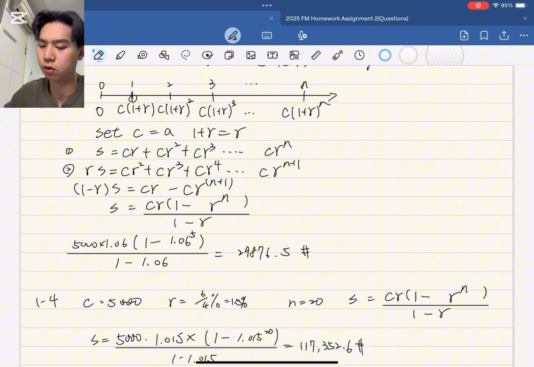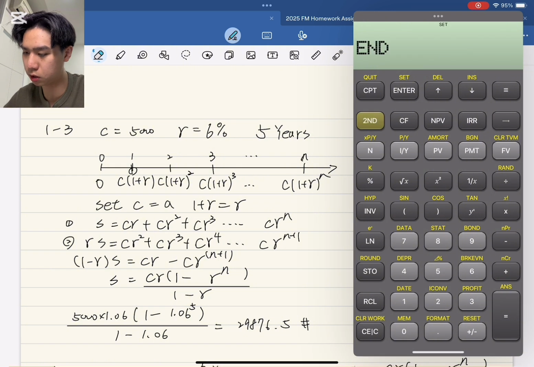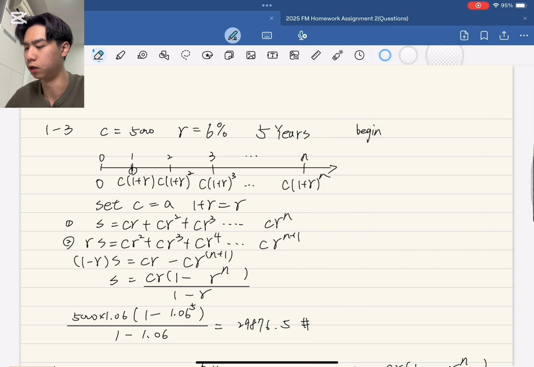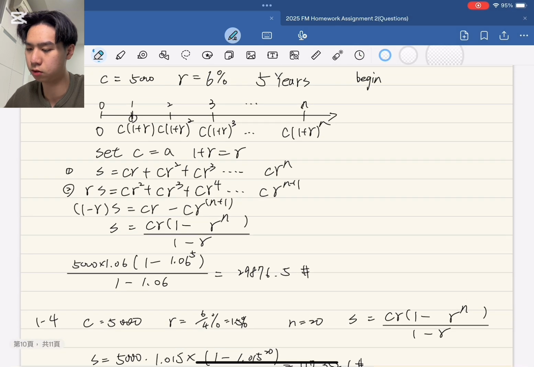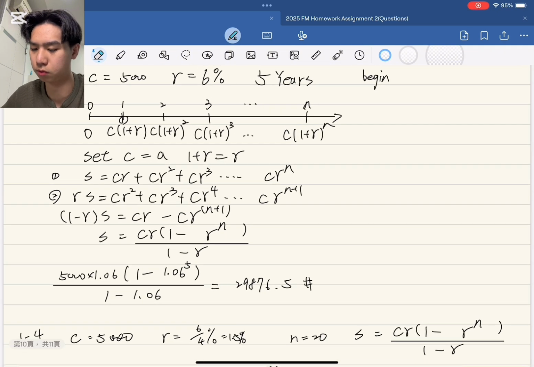So we will change the financial calculator mode to BGN, beginning. Later I will use this mode to compute.